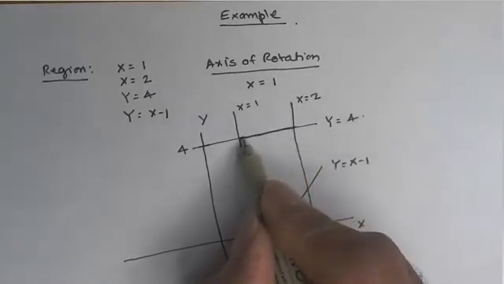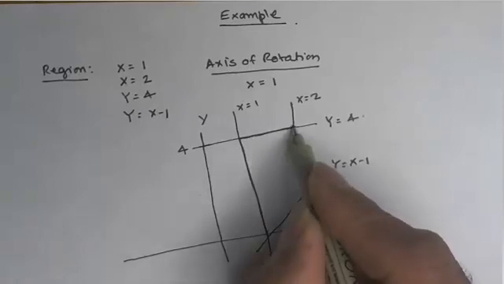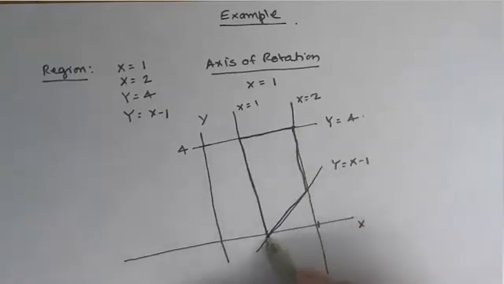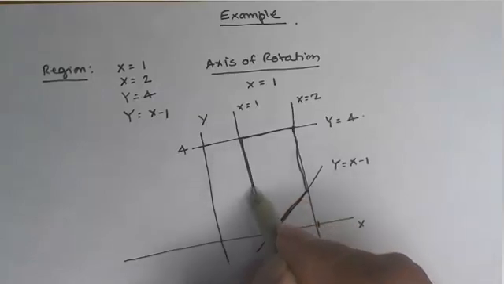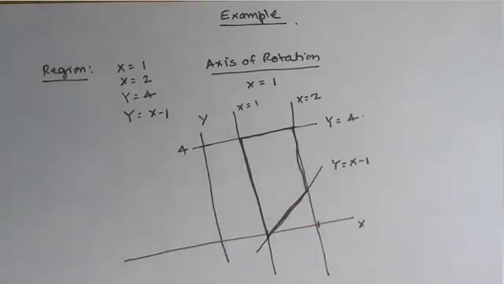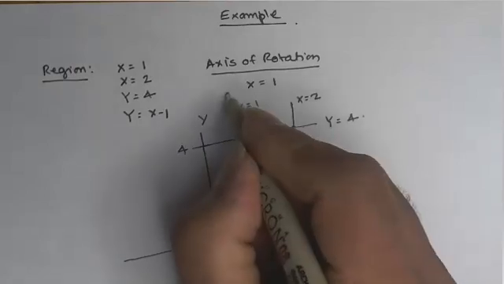So that's the region that we have to rotate, and we have to rotate that around x equal to 1.